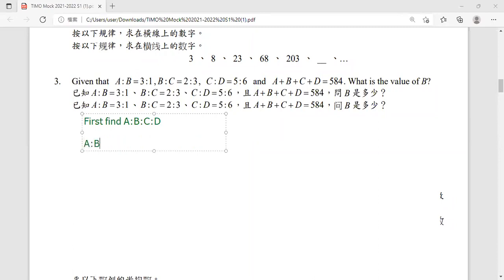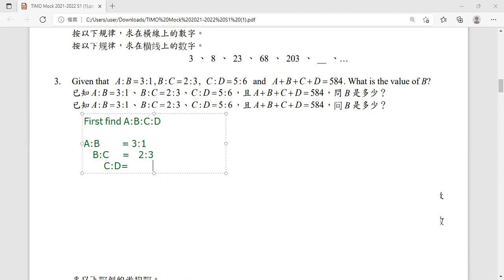Okay, A to B, B to C, C to B, and okay, 2 to 1. This is 2 to 3.